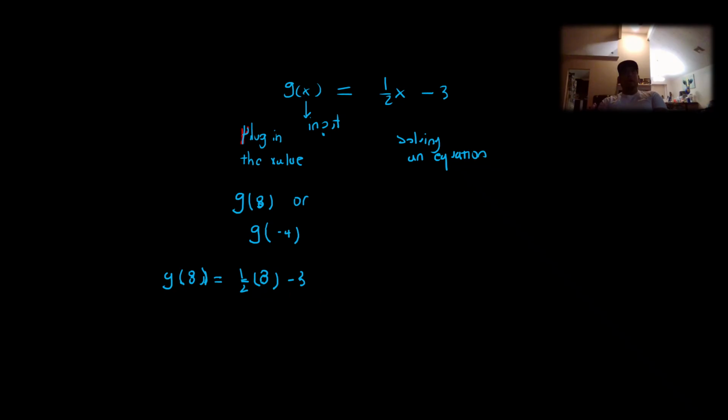Well, 1 half times 8 is equal to 4, minus 3, and 4 minus 3 is equal to 1.